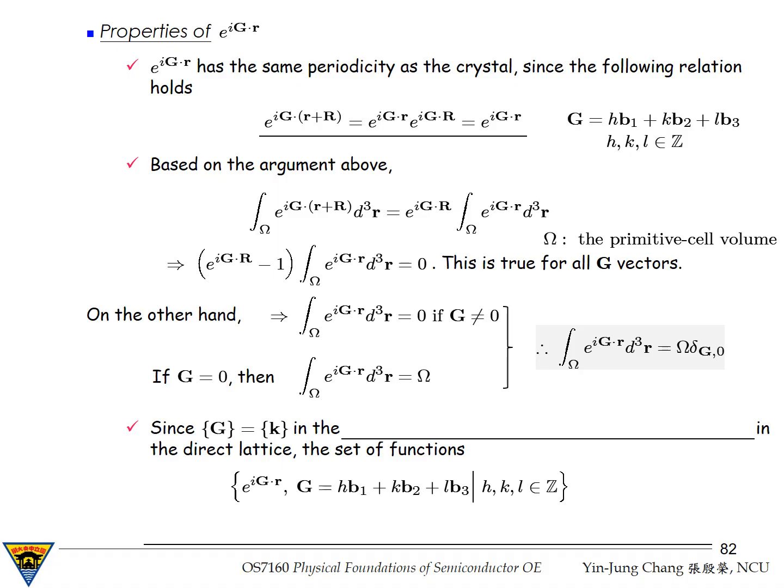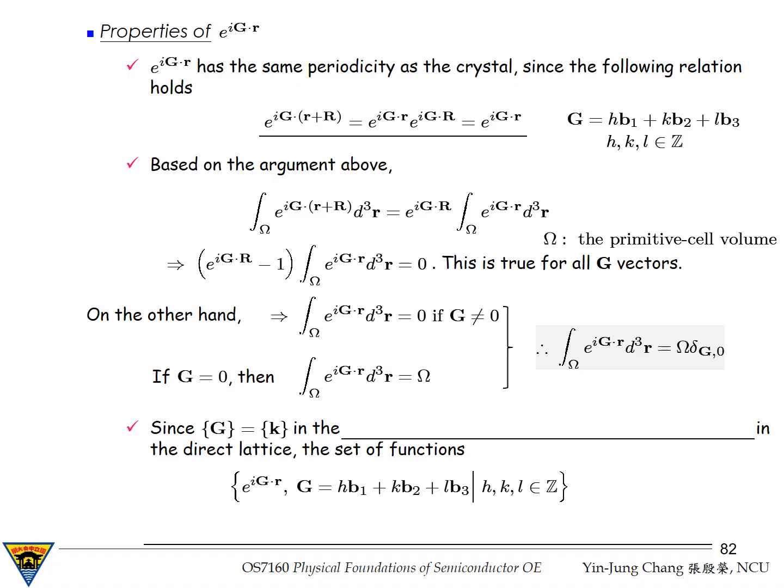Since for g not equal to 0, the phase changes across the primitive cell and the oscillations cancel exactly over one period of the lattice. So the result can be written as shown in this equation. This is an orthogonality type result. It tells us that the average of any non-trivial reciprocal space plane wave over one primitive cell vanishes. Only the g equals 0 term survives.